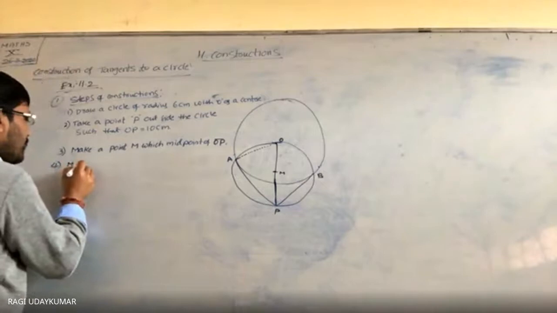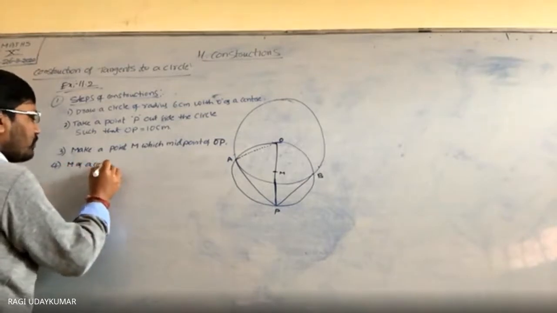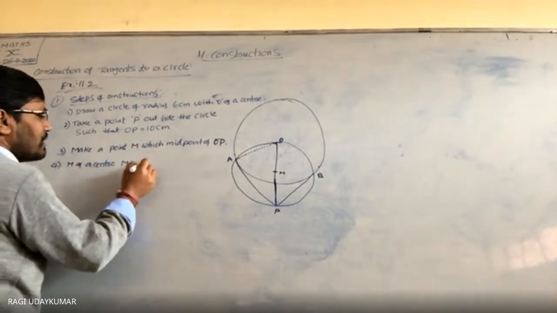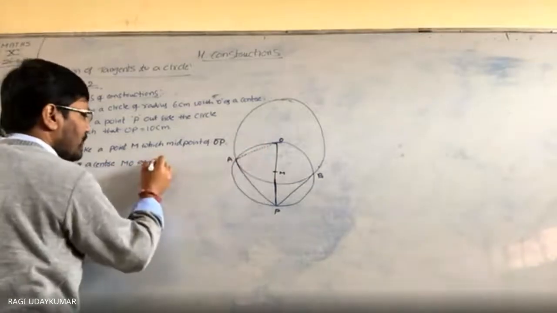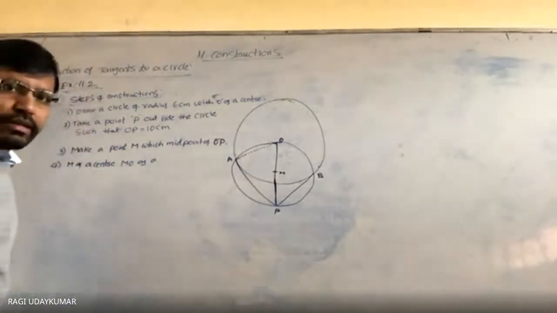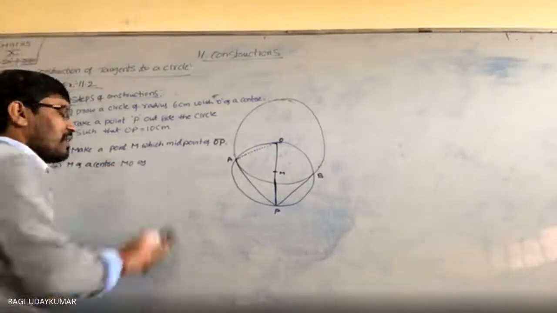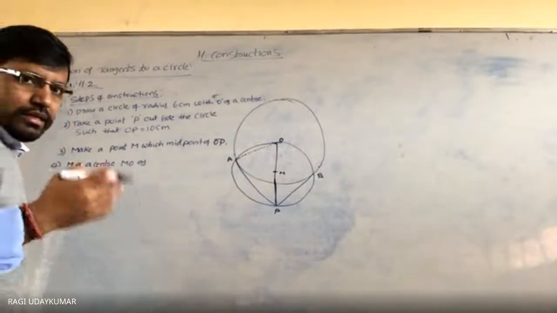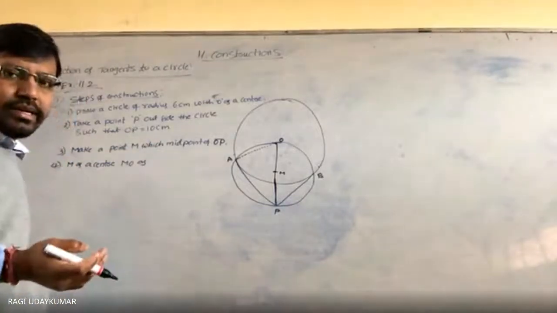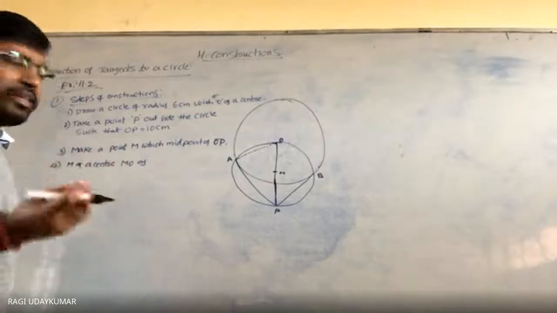With M as center and MO as radius, draw a circle. Whenever you write a step for drawing a circle, you have to mention what the center is and what the radius is.